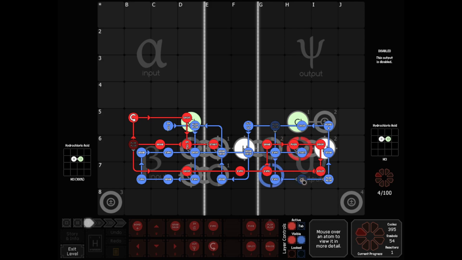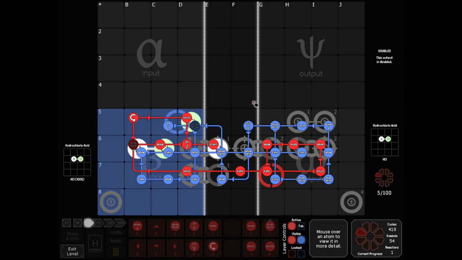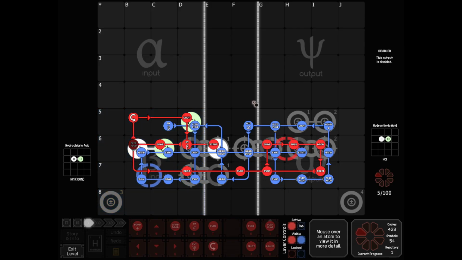Yeah, due to all of this time spent here, this is once again not the fastest solution. Also, just having red be in this dumb loop and blue doing pretty much everything is also not great for cycles.